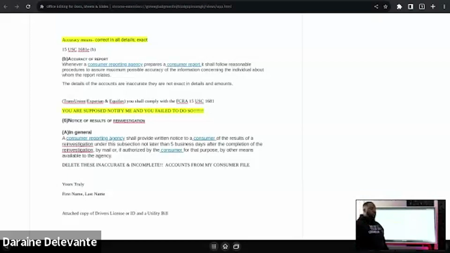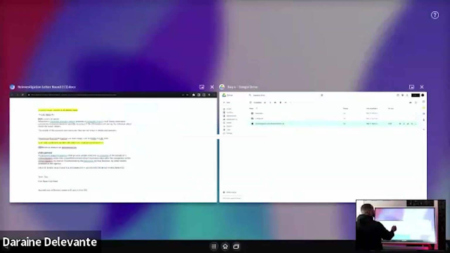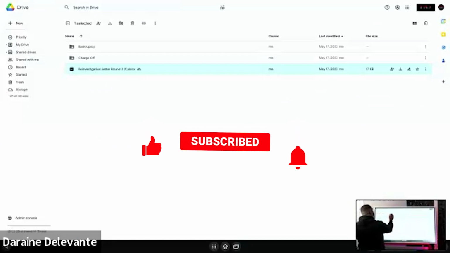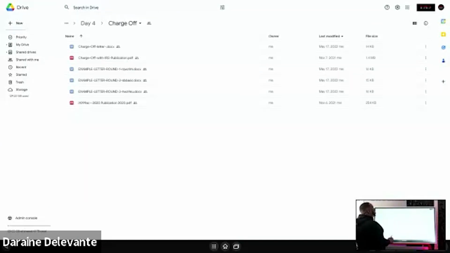So in a round 2 letter, you're going to ask for the date when the investigation was finished and when they sent out the notice of those results. So that's how you evaluate a reinsertion. For those of you that have reinsertions, that's basically how you evaluate the reinsertion, how you use that to get the reinserted item deleted.